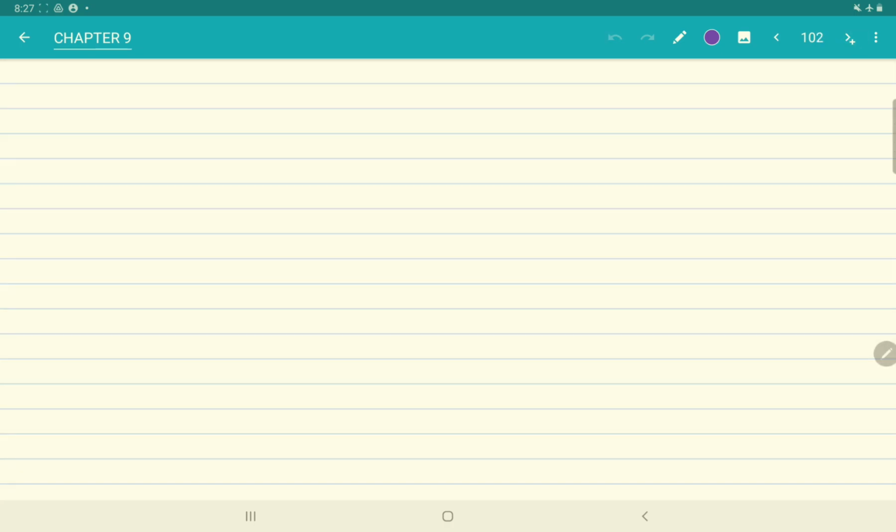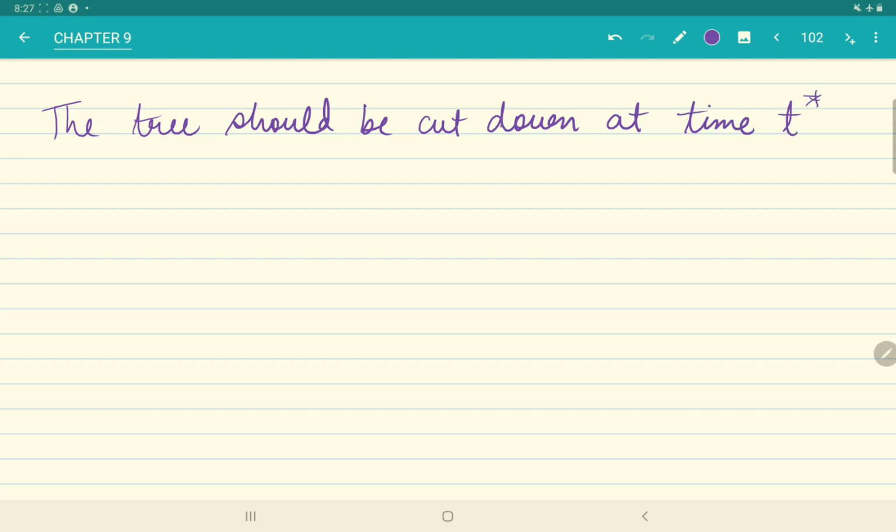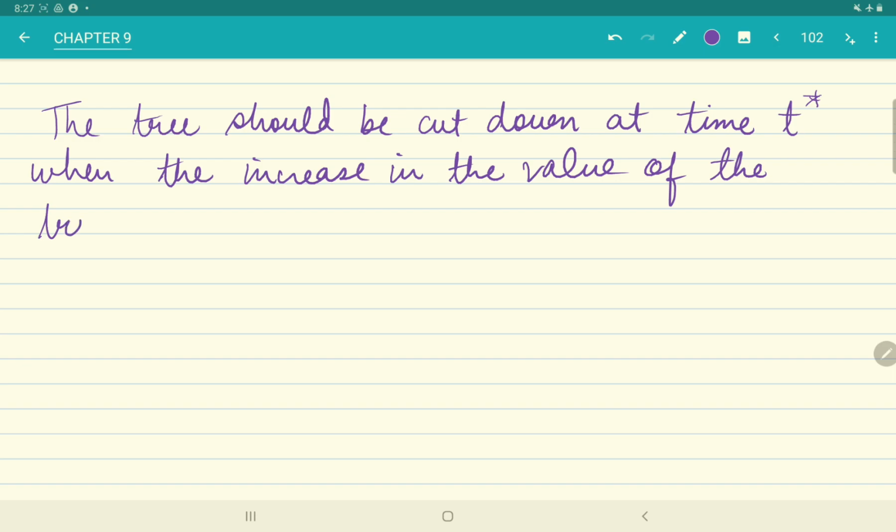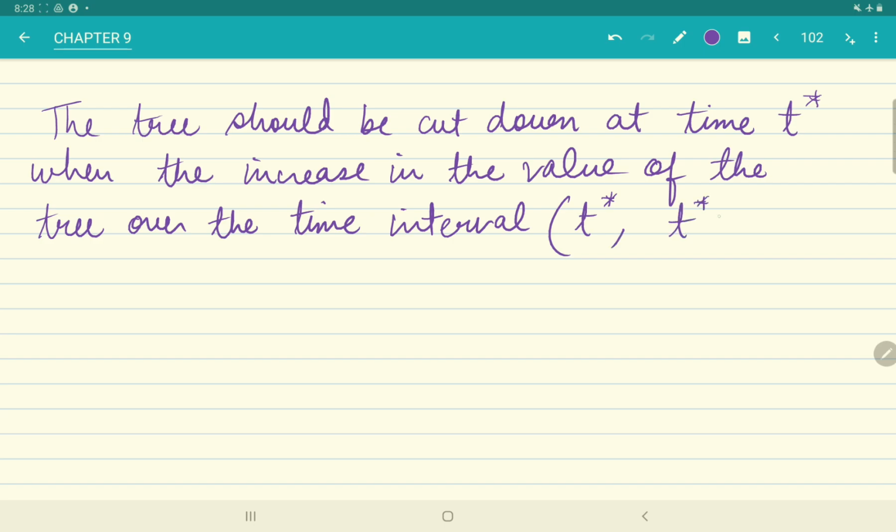So the necessary condition here, I can write it this way, that the tree should be cut down at time T star when the increase in the value of the tree over the time interval T star to T star plus 1, and that is basically P of T star plus 1 minus P of T star, which is approximately equal to P prime T star.